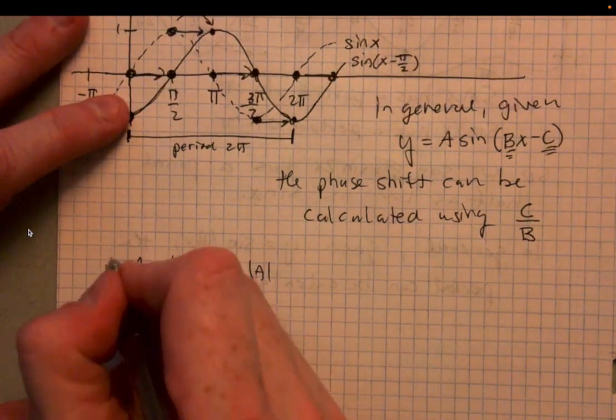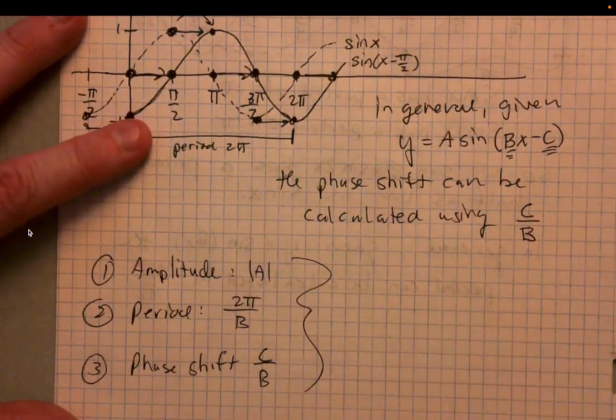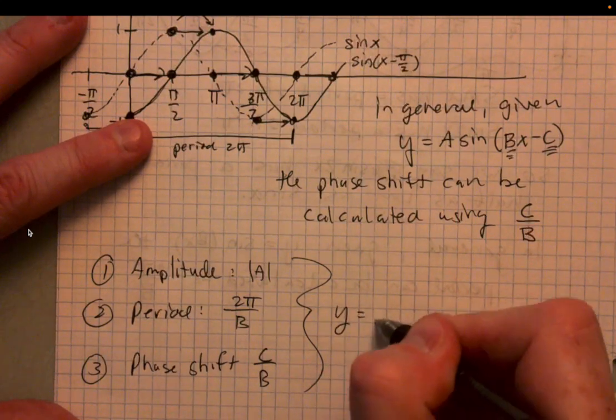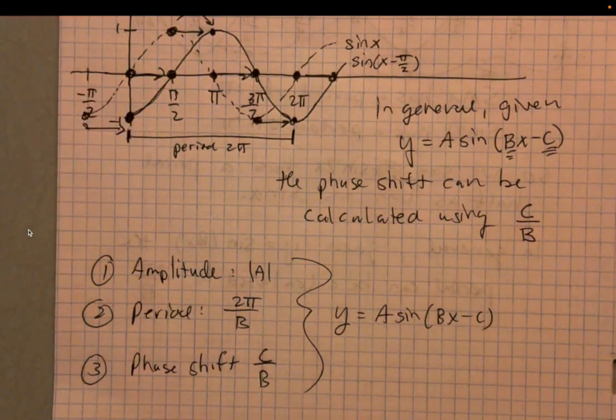So these 3 items are what goes into graphing y equals a sine of bx minus c. Now, given that we know these values, how can we draw a reasonable approximation of a sine function? So what's the method?